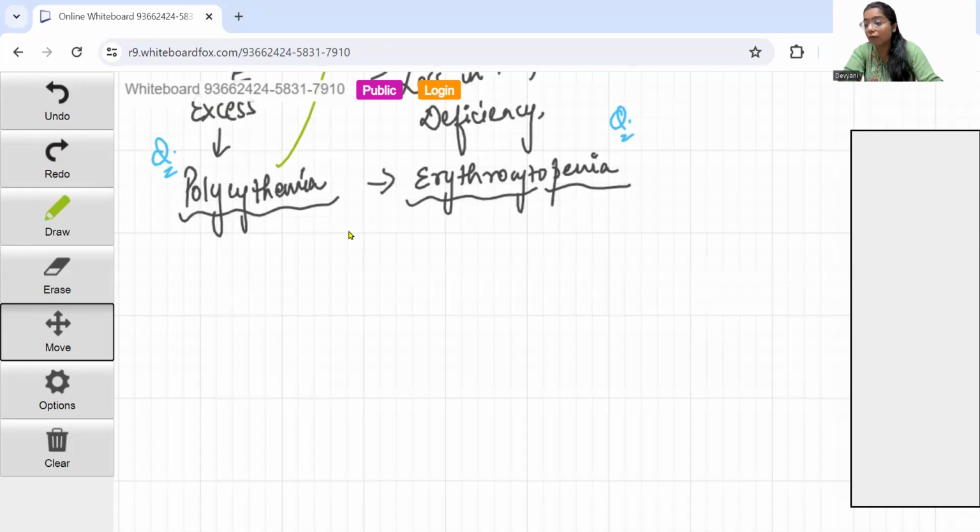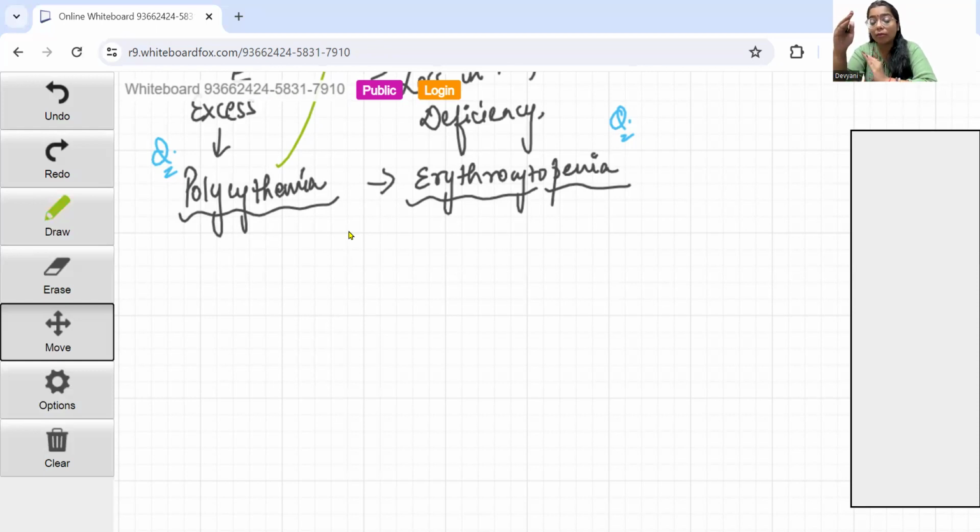And if the viscosity of the blood increases, the fluid part of the blood is going to be very hard, or we can say very viscous in nature. Because of that viscosity, your heart is not going to be able to transport the blood in a proper manner. And if it is not going to transport the blood in a proper manner, severe heart conditions can happen. That's why we say that it is a disorder.